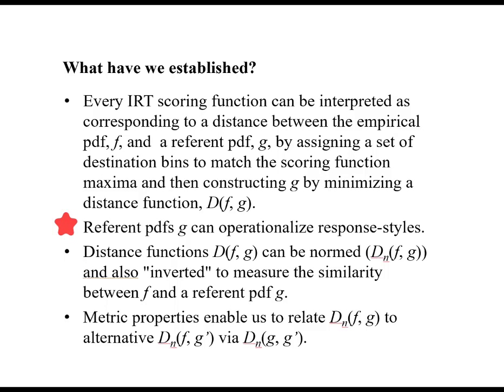Referent PDFs can operationalize response styles, so this gives us a way of measuring response styles, and the distance functions can be normed, so we can use them either to measure how far F is away from a particular response style, or we can invert that to measure how similar it is to a given response style. And then finally, the metric properties enable us to relate the normed distances between F and alternative response functions to each other. And we can also get a distance for alternative response functions, style functions as well.